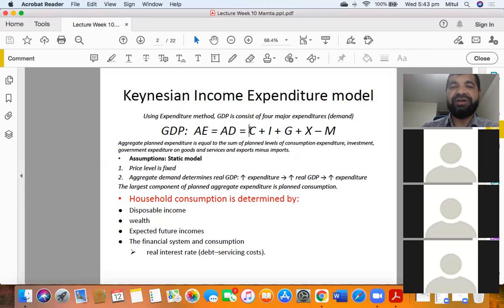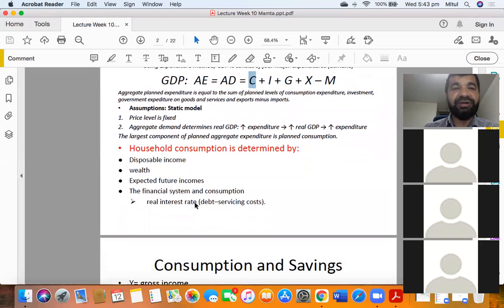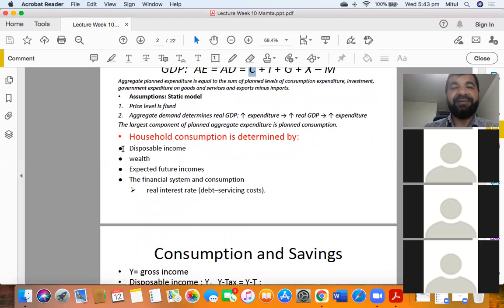So the first one is consumption. What is consumption? Household consumption is determined by disposable income, by wealth, expected future income, and the financial system.